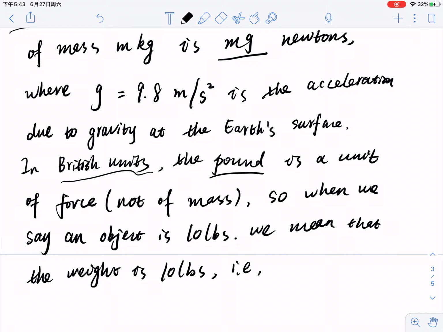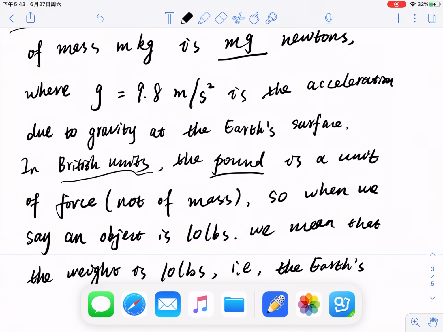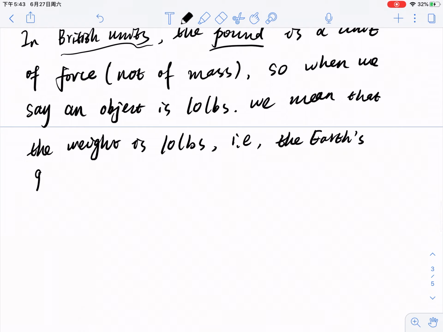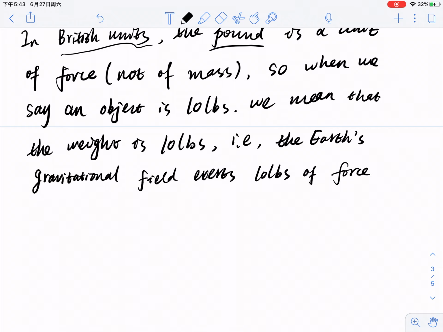That is, the Earth's gravitational field exerts 10 pounds of force on it.